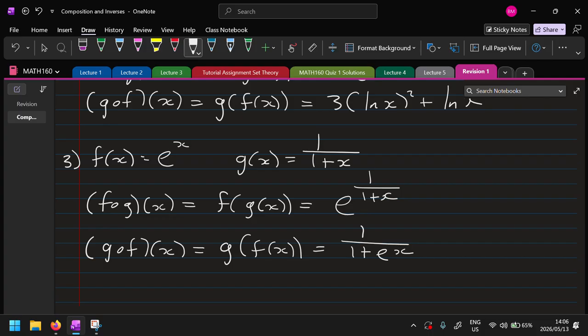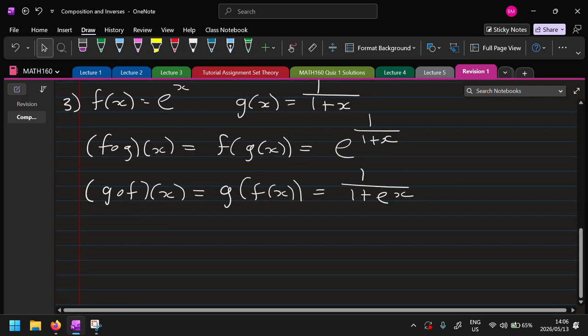There might be some follow-on questions like domain, range, something like that. Any questions for this? Okay. Let's have a look at the next parts, the inverses.